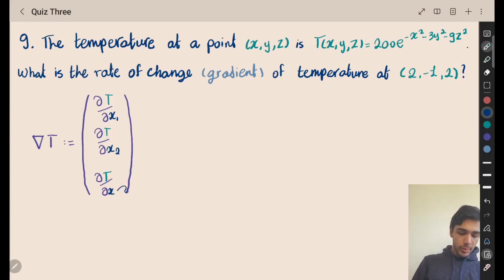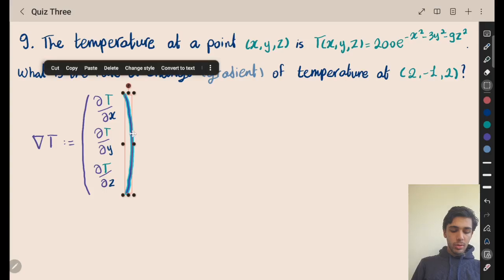I hope you don't mind if I do it like this. And these 3 variables are x, y, and z. So maybe I should write x, y, and z. And then maybe I should start computing them.